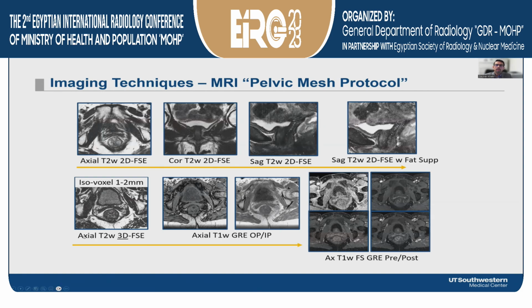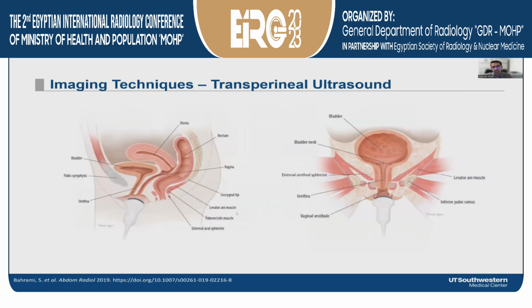You can also do a 3D T2 weighted image, and this should be isovoxel, either 1 or 2 millimeter. And then we do axial T1 weighted gradient echo in and out of phase images. And then we, in most cases, choose to do pre and post contrast T1 weighted images as well. Although that is not always needed, it does help detect areas of inflammation in more subtle cases.